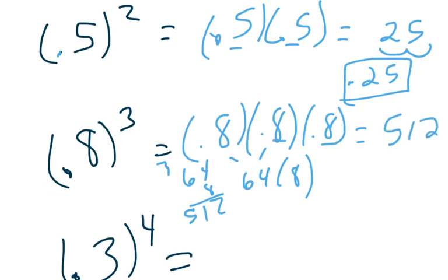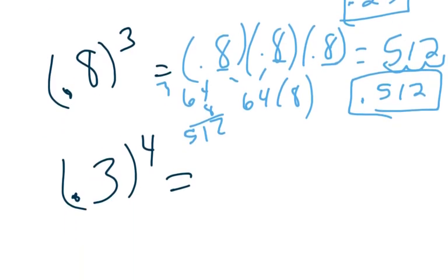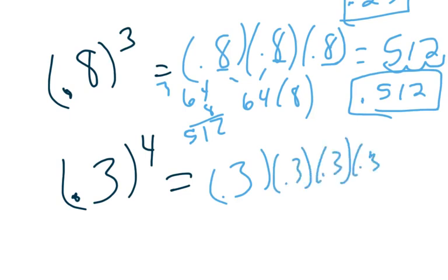You have 1, 2, 3 numbers behind the decimal place, so we move it 1, 2, 3. And so your final answer is 0.512, or 512 thousandths.